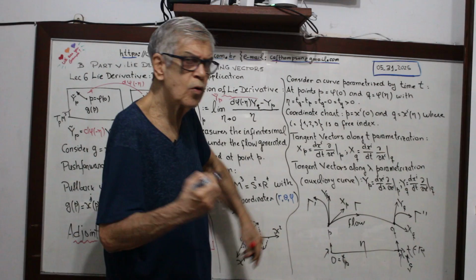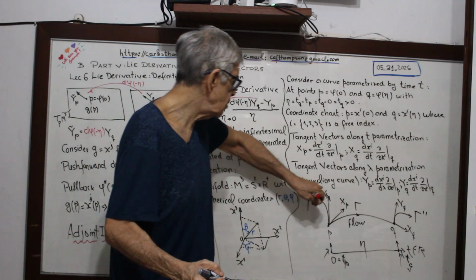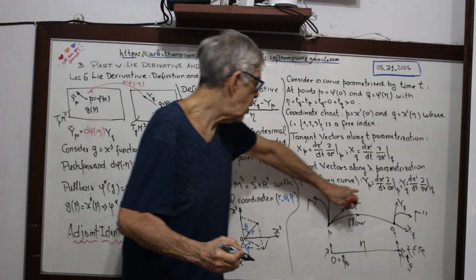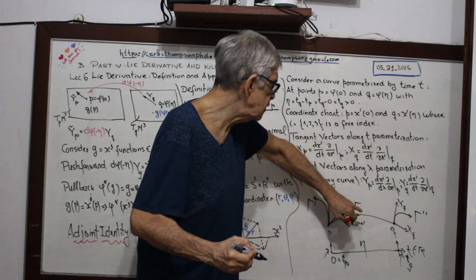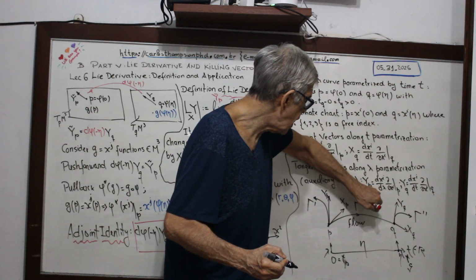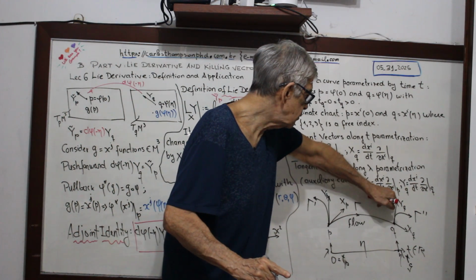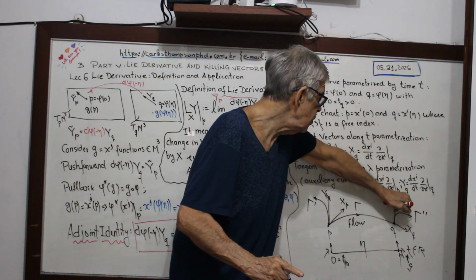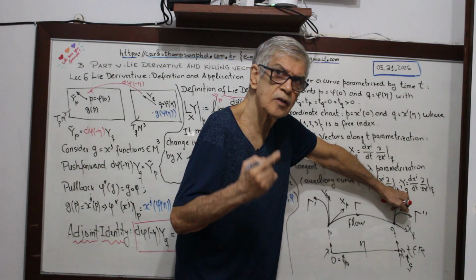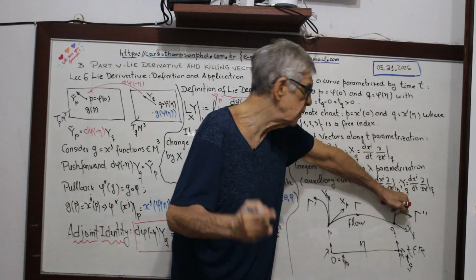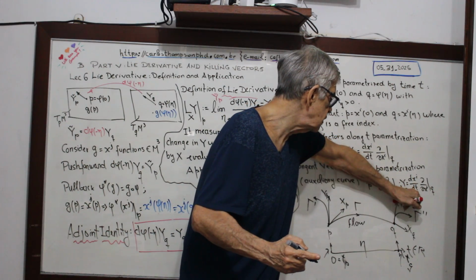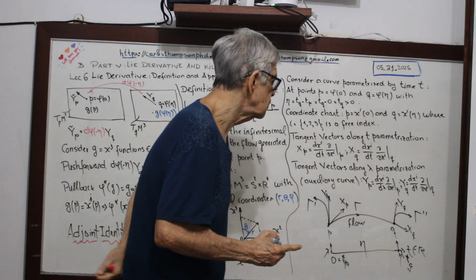So this I call the accelerated curve. Y_P, by definition, is dx^i/d lambda, not dt, at point P. Y_Q is the tangent vector of this curve parametrized by lambda. This is a basis vector.